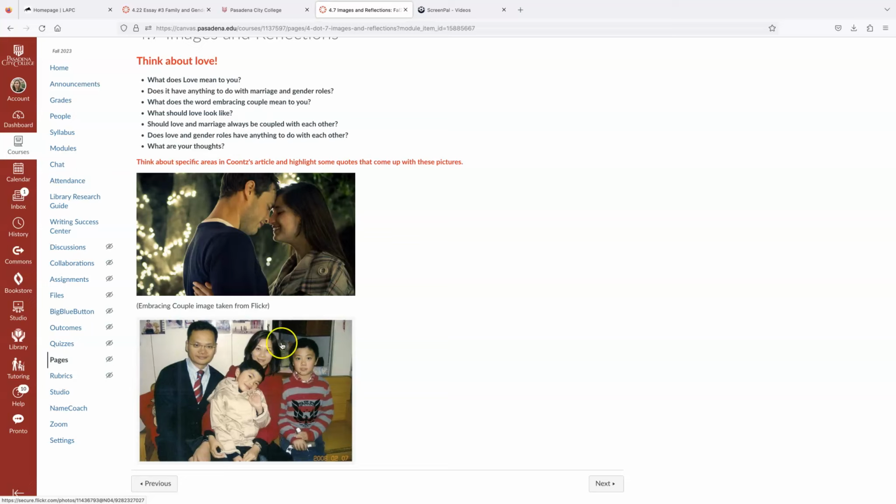Or people just want this ideal family, but there's no relationship between the mother and the father, and so their relationship is about building a family, not about building a relationship with each other. The idea is that when you fall in love, you build a relationship with each other, you share yourselves with each other, and then you create a family.